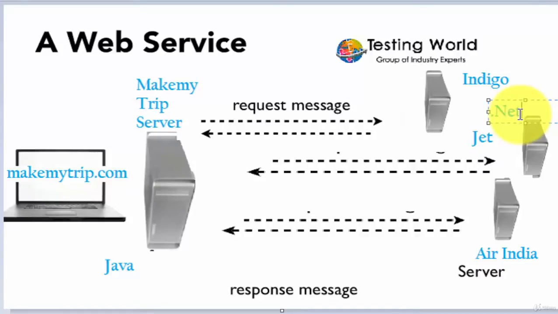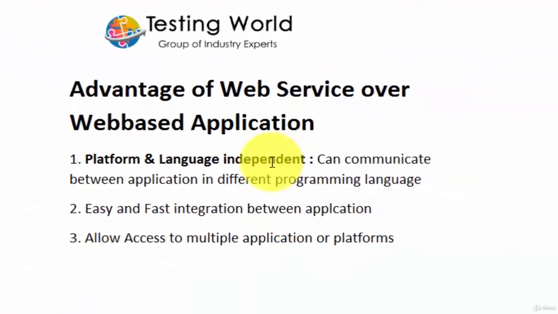It's not going to make any difference because XML is the same for Java as well as .NET. So again, I'm going to communicate with the two applications, and there is no impact of their programming language. So web services are platform and language independent. So we can easily integrate two or more applications together. Their platform and language is not going to make any barrier.